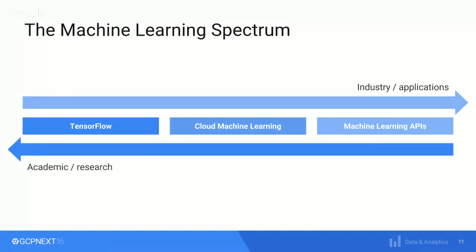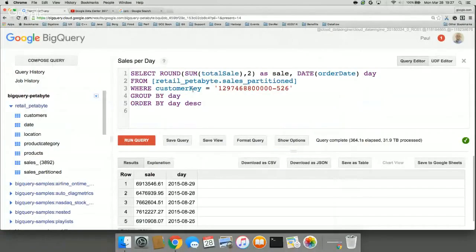Now, let's see how our queries do. And our query is done. So the interesting number to look at here is, while there's 1.09 petabytes in this table, we only had to scan 31.9 terabytes. I just used the phrase only 31.9 terabytes. I just like to call out the ridiculousness of that sentence.